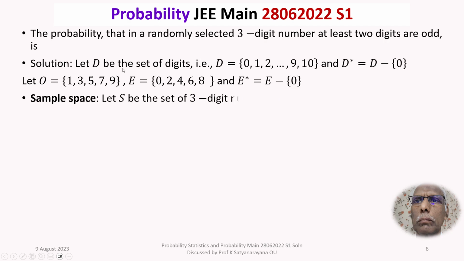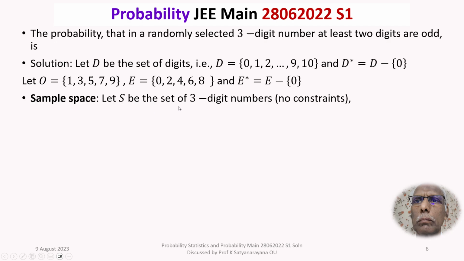Now, when we talk about the probability, first we talk about the sample space. The sample space is the set of all 3-digit numbers without any constraints. That means no conditions are given, like all digits being distinct or repetition being allowed.